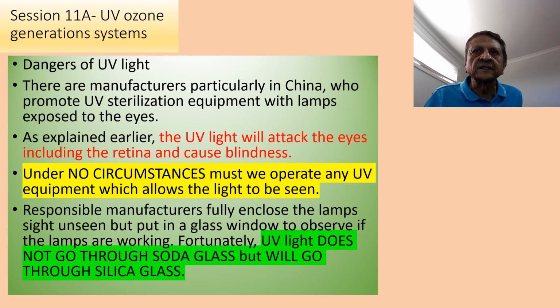Under no circumstances must we operate any UV equipment which allows the UV light to be seen. Responsible manufacturers fully enclose the lamps out of sight, but may put in a glass window to observe if the lamps are working. Fortunately, UV light does not go through soda glass, but will go through silica glass.